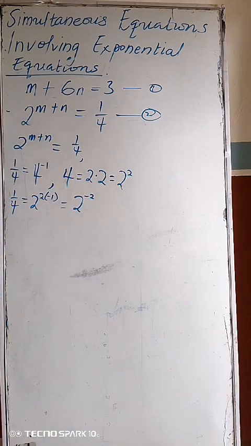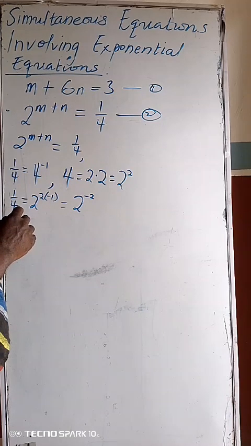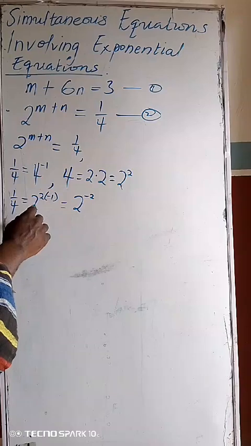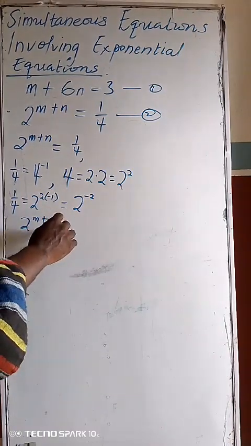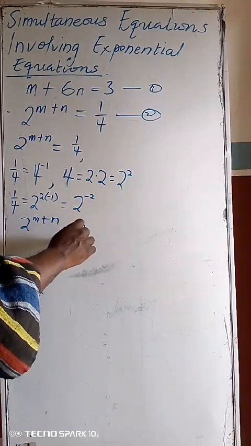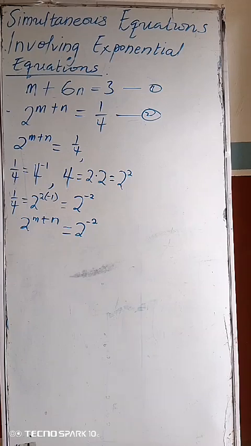If this point is well established, then the work is happily solved. So equation 2 can be written as 2 raised to the power m plus n is equal to 2 raised to the power negative 2. Now something interesting is happening here.